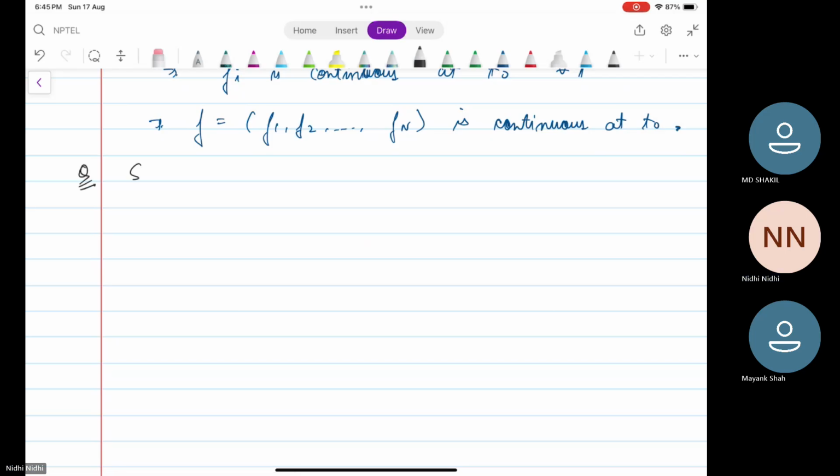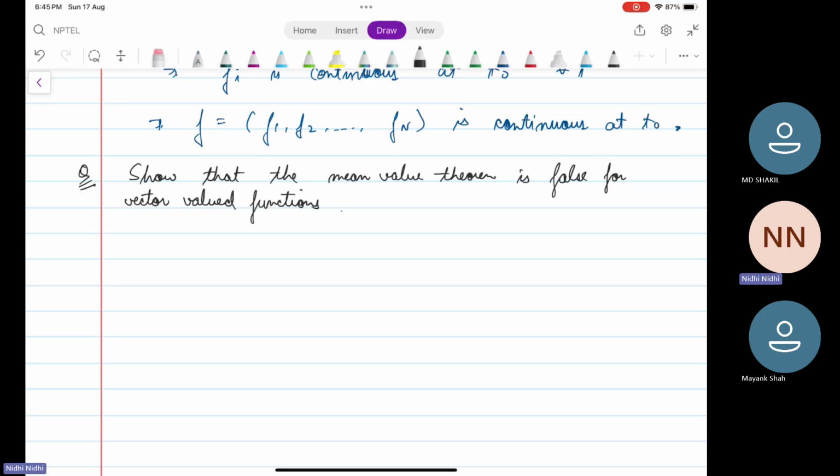Show that the mean value theorem is false for vector valued functions, by considering the example f of t equal to cos t, sin t.